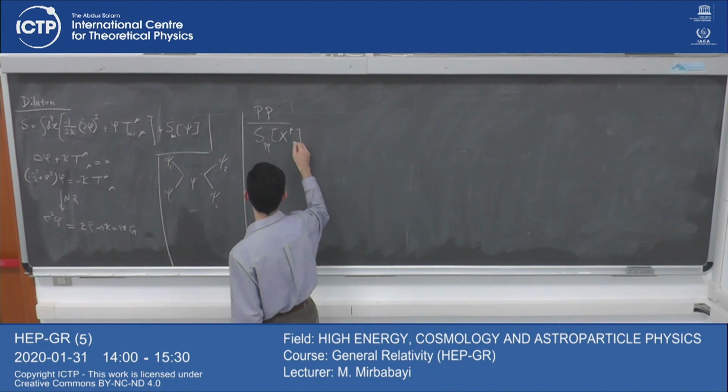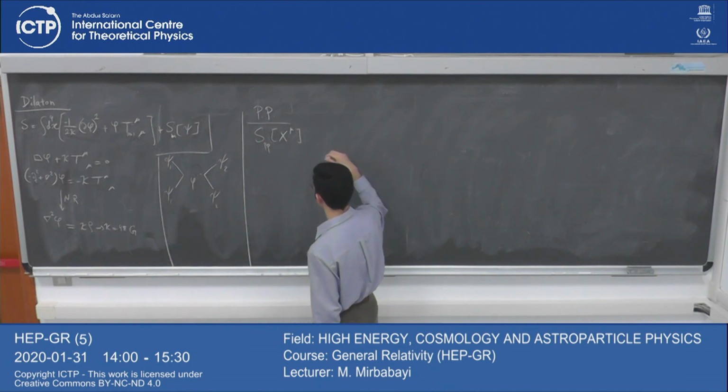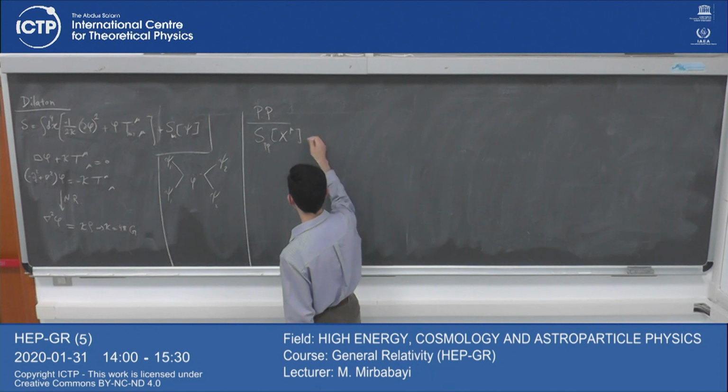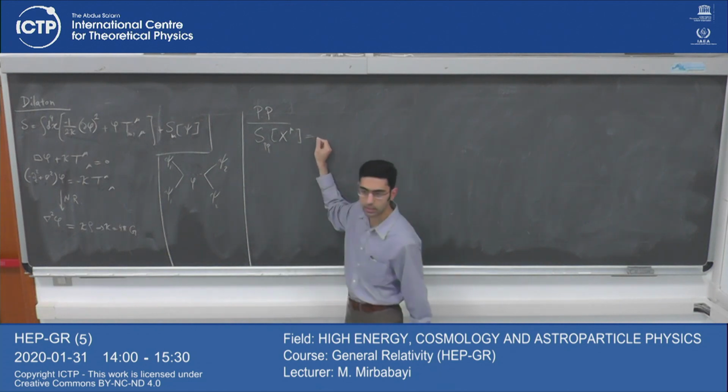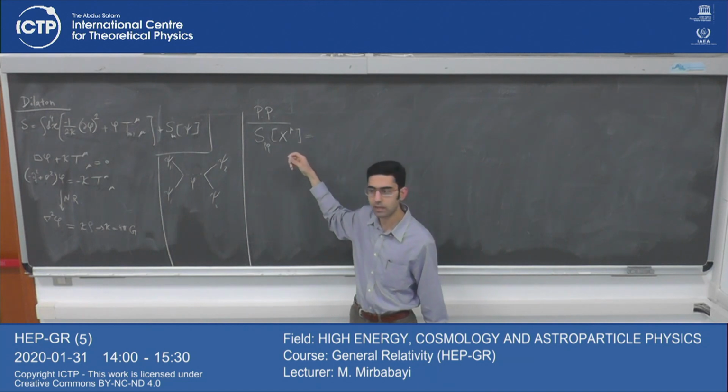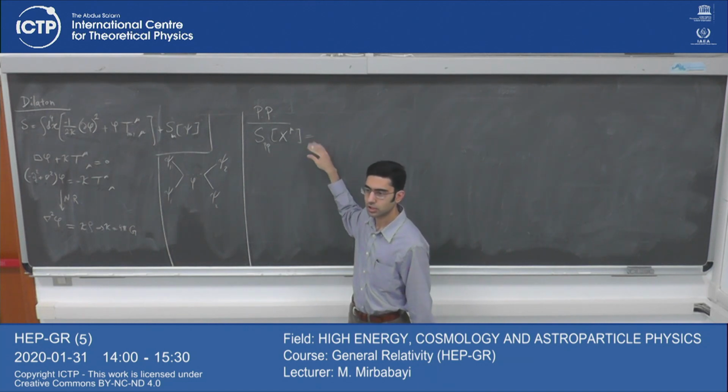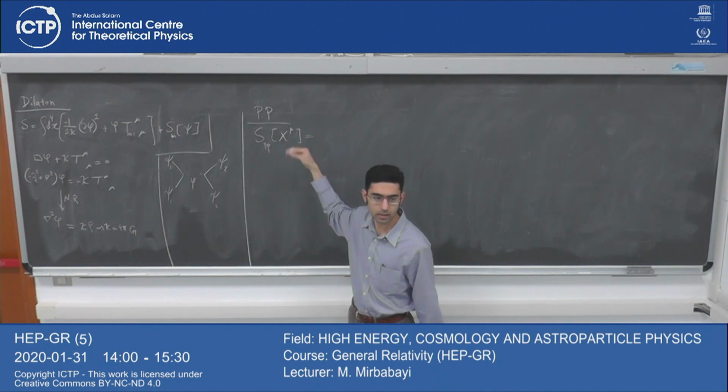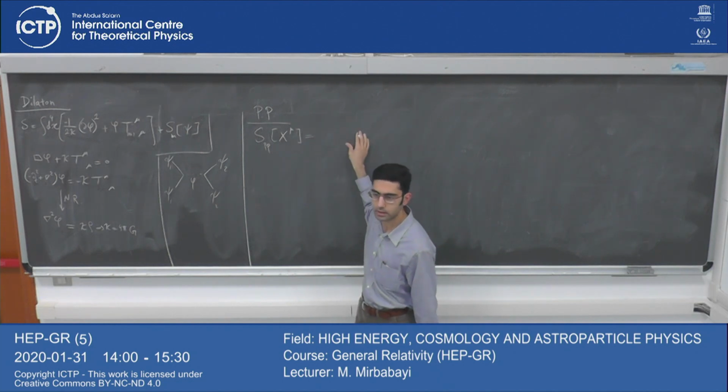If we are in 4 space-time dimensions, it will be a function that depends on 4 x mu's as the dynamical variables. And then we said that if this particle lives on some background field, then the coupling of the particle to the background field will be incorporated inside this action.